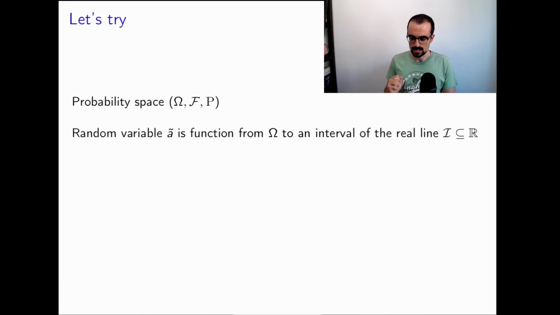Okay, so let's try to do exactly the same thing that we did with discrete random variables with continuous random variables. So now I'm going to draw a small picture of what I mean.